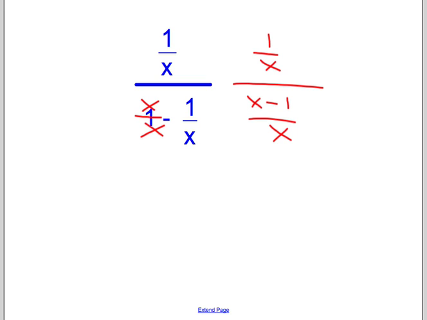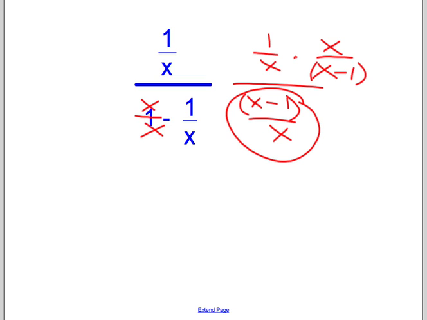Now I'm going to flip and multiply by the reciprocal of that one, so that's x over x minus 1. I'm going to get that in parentheses. I should have done that before I did that. Will the x's reduce? We can reduce those because they're individual. So I end up with 1 over x minus 1. Simple.